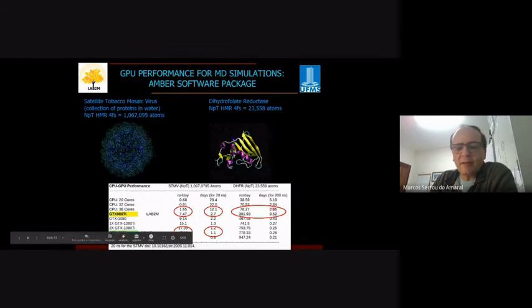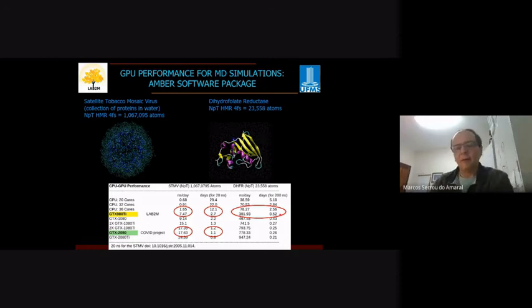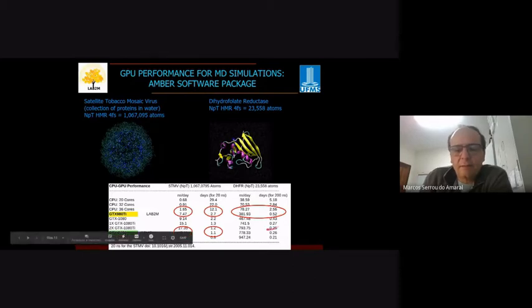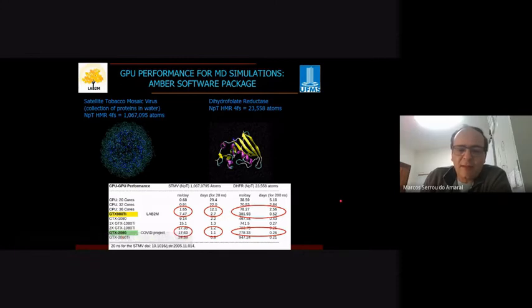For CPUs, you need to wait almost 3 days, and in GPU you only need to wait almost 12 hours. For the green GPU, you can get almost 800 nanoseconds per day, and you can get your results in some hours. So this is really good.